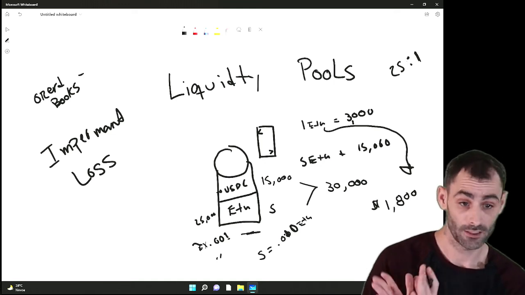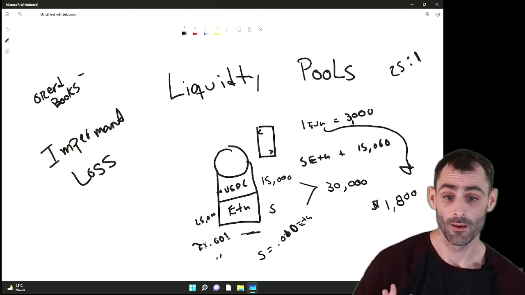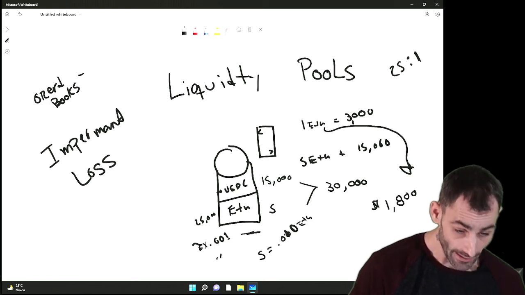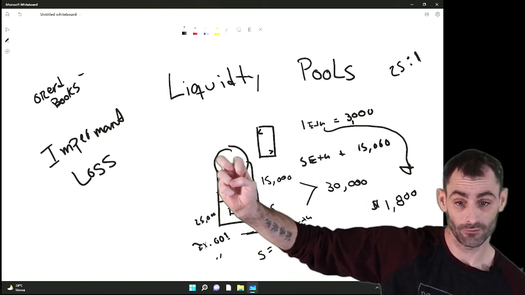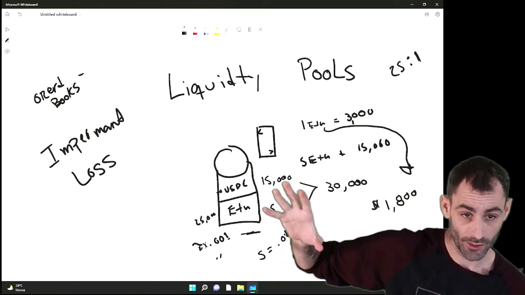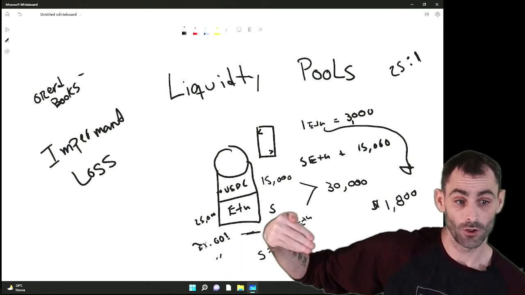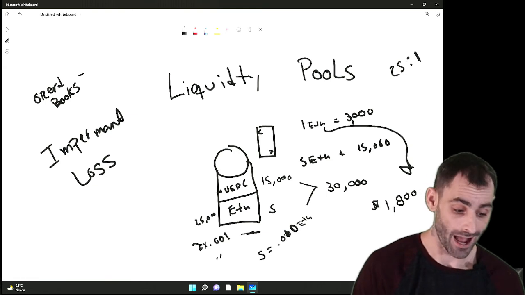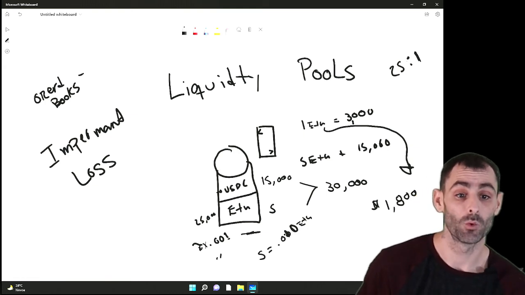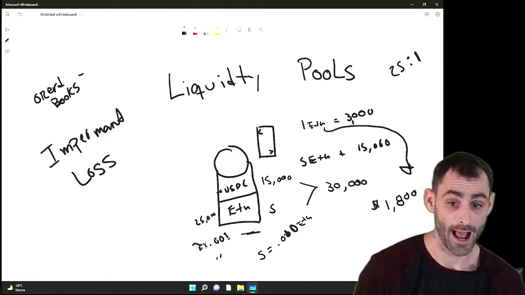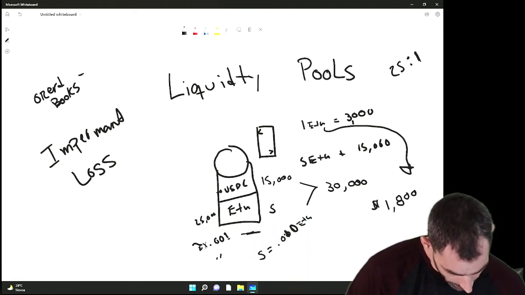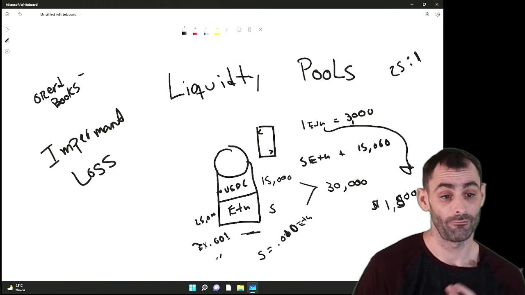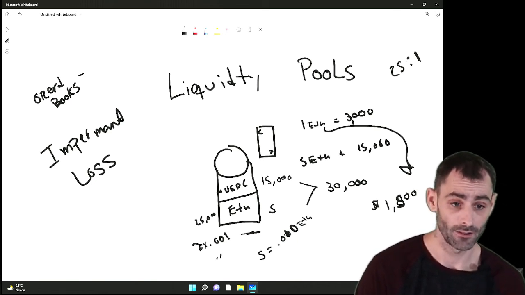If you go pull your assets out of this liquidity pool, they're worth less now than they were before. So now you're going to have approximately 5 of, let's just make it 1,500. Now it's approximately a 50% loss that you've had.